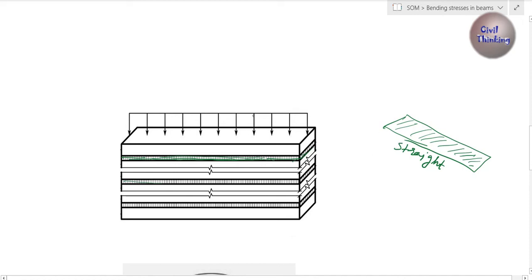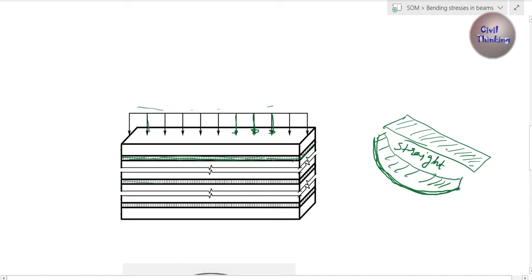When this load is applied all over, this fiber will bend into something like this, right? Now this curve after the bending is assumed to be the shape of a circular arc.